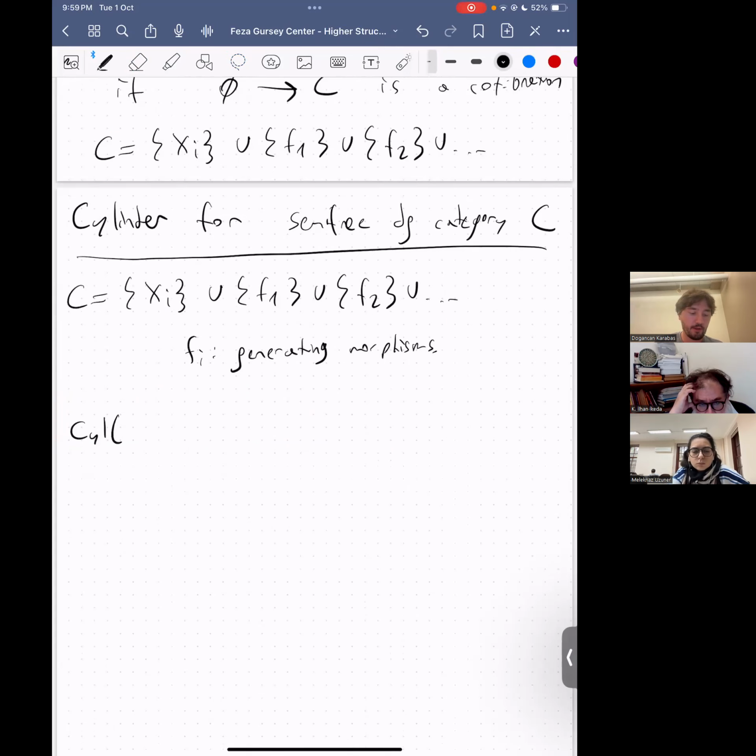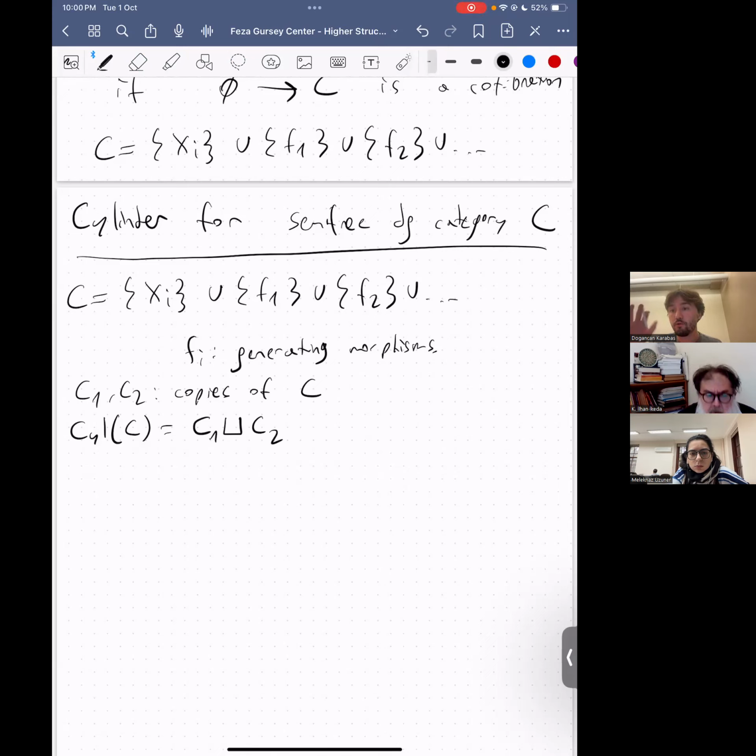And the cylinder for C we define as follows. Let's say first C1 and C2 are copies of C. Basically they are C, but I just labeled them C1 and C2. I take the disjoint union of these two DG categories, C1 and C2, and now I add some morphisms.